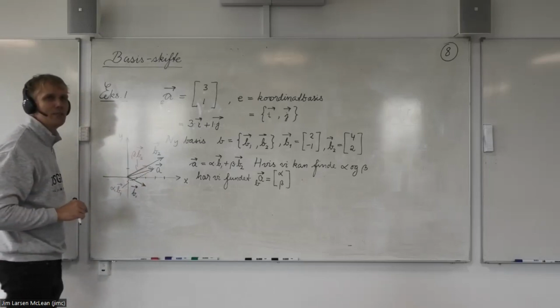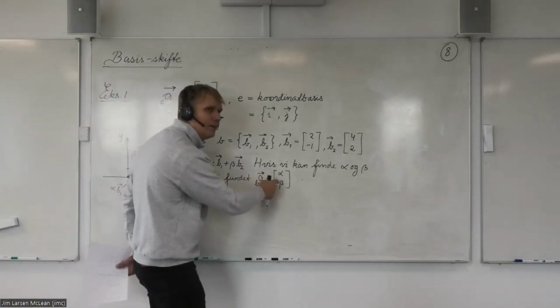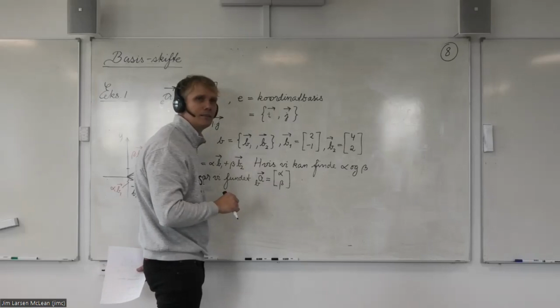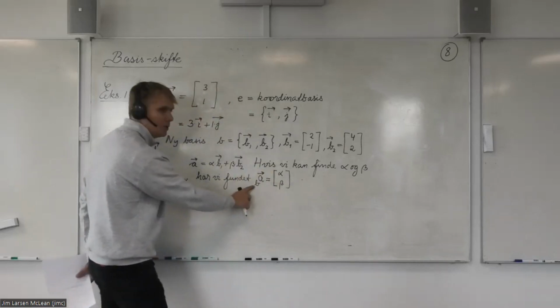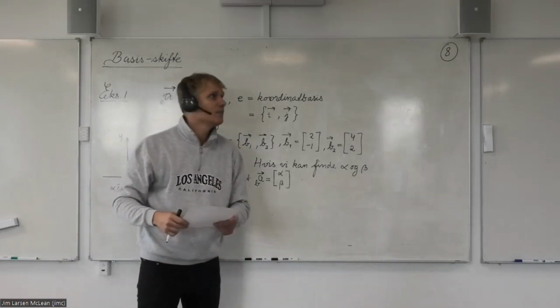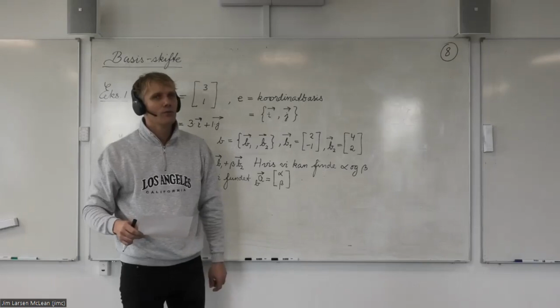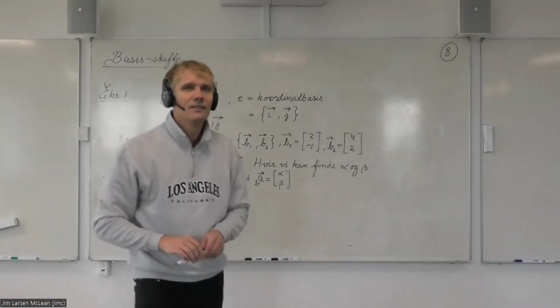And now I will show you how to find the two numbers. They are the two coordinates of a column vector, but with respect to the new basis. I think this is a good point to take a break before we continue. So let's take a 10-minute break, and then we'll proceed.